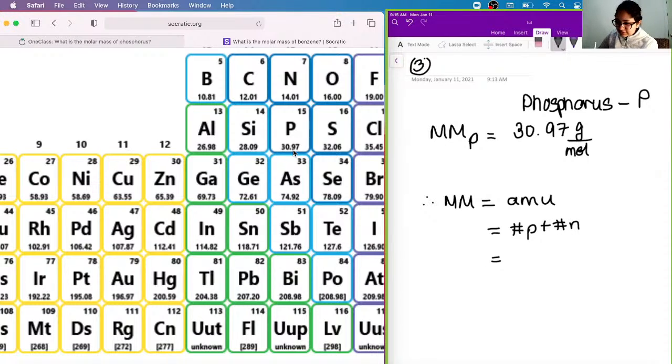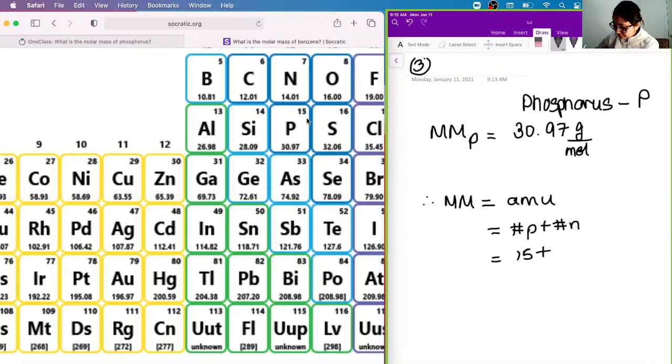We can say that the number of protons is basically the same thing as your atomic number over here, which also represents the number of electrons. We know that the number of electrons equals the number of protons. And so in this case, we have 15 protons.